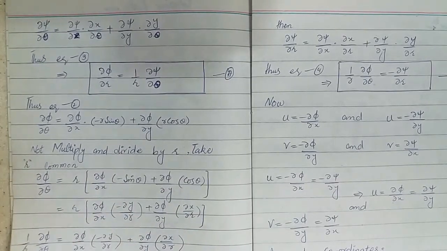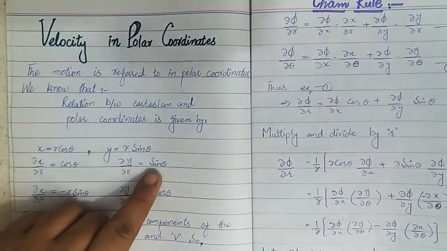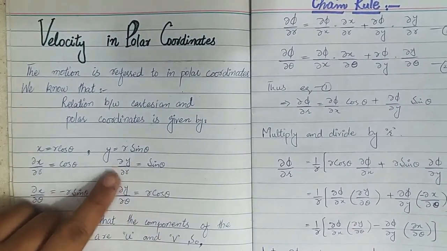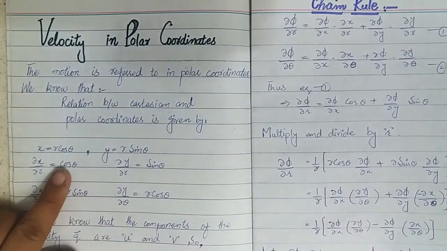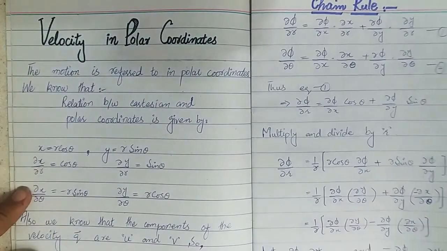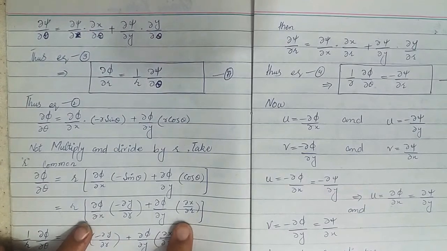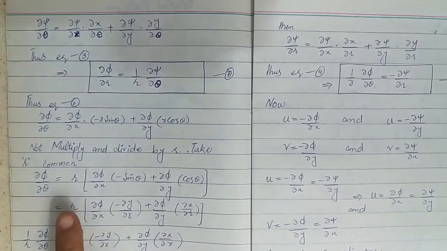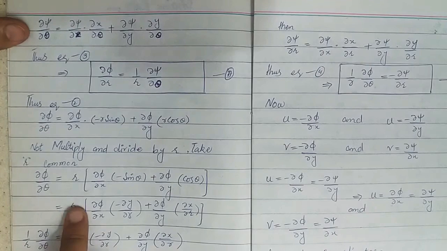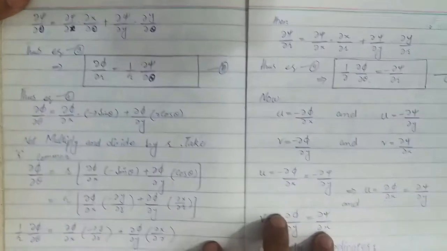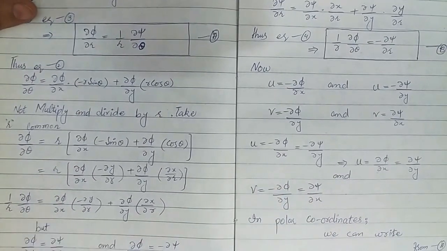Minus sin theta will be equal to minus partial y by partial r, and cos theta will be equal to partial x by partial r. So we put these two values here, and we get this new form of the equation. This r is in multiplication on the right hand side, so on the left hand side it will convert into division.